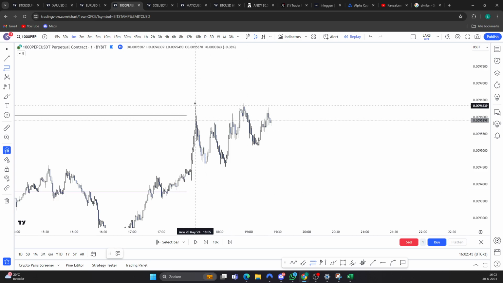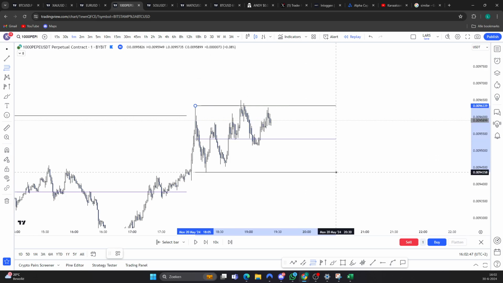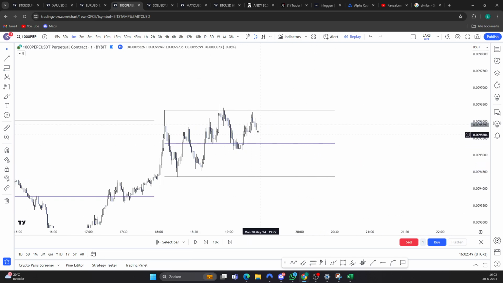Locally we have another range at the range highs. Not really any structure to look for anything.